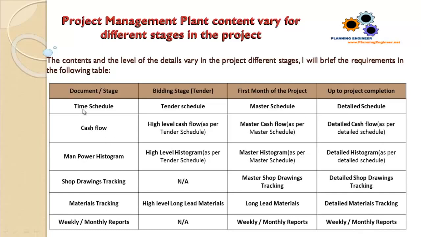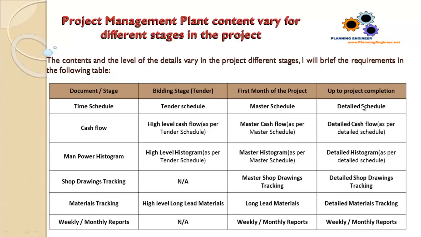The time schedule. At the bidding stage, you are only required to prepare a tender schedule. It is a high level schedule without any details. But in the first month of the project, you should prepare a master schedule, which should contain some details and the strategy of the work, how you are going to execute the work, if you are going to split the project into phases or something like this, but it is still a master schedule.